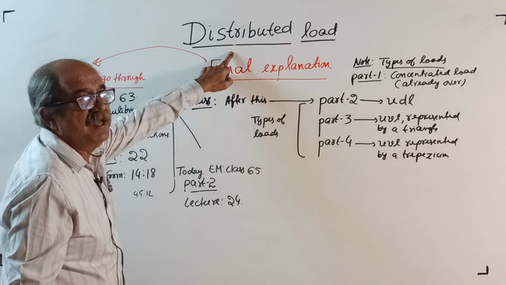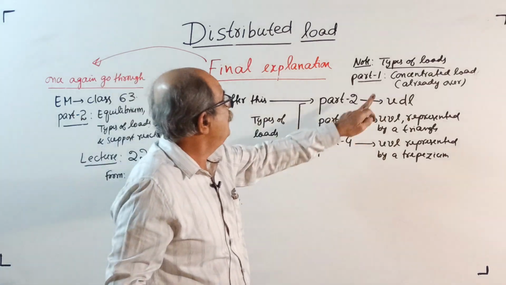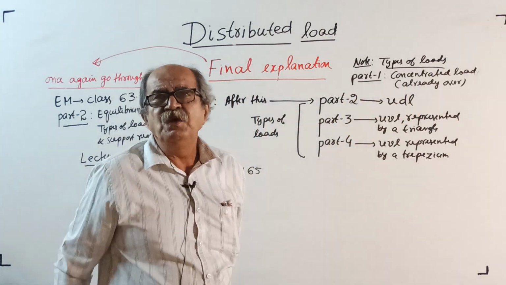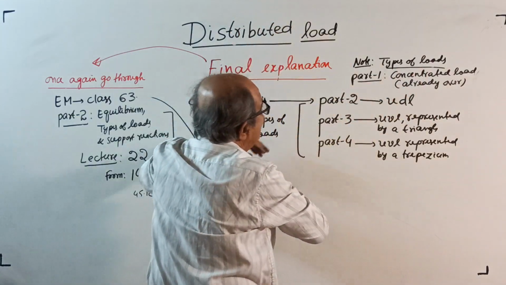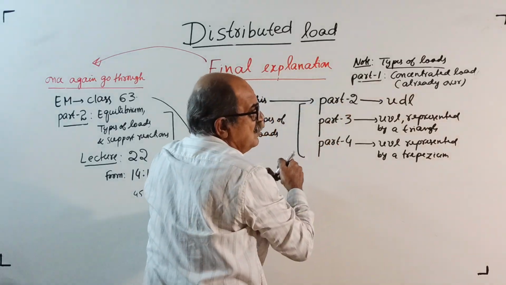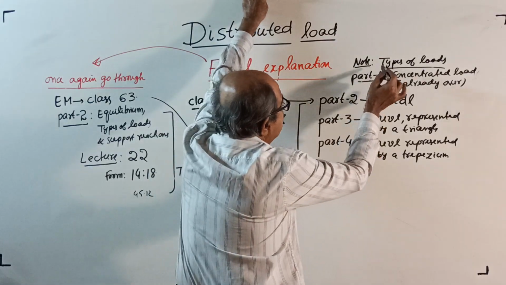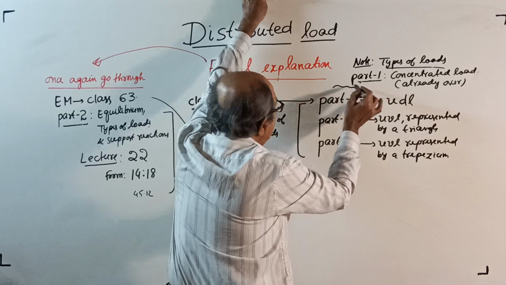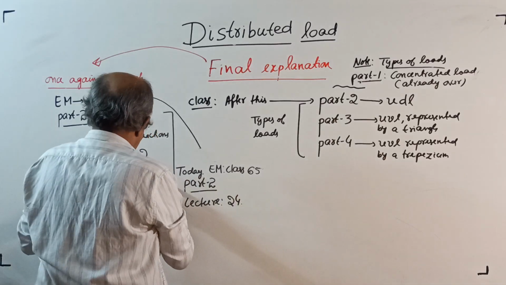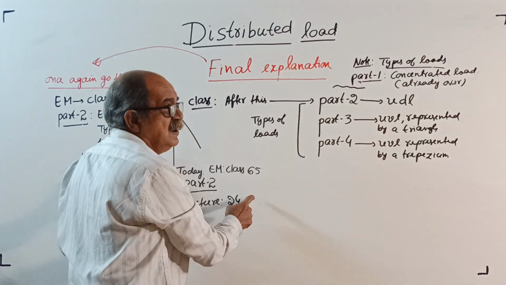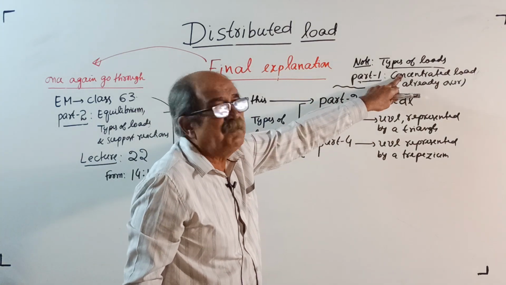Now I will tell you what I am doing today. When I started types of loads, part 1 was concentrated loads, point load, which is already over. After that, lectures 21, 22, 23 are all discussions and explanations, and our part 1 stopped there.